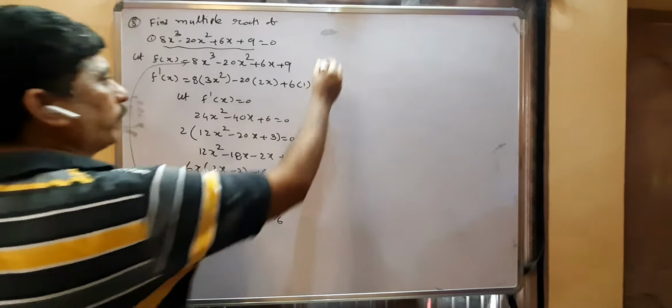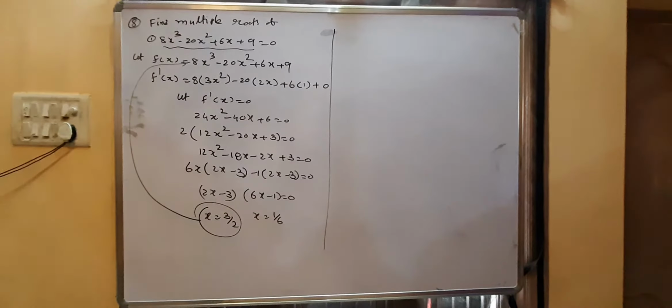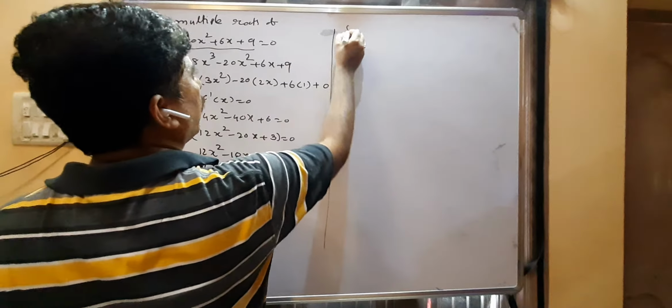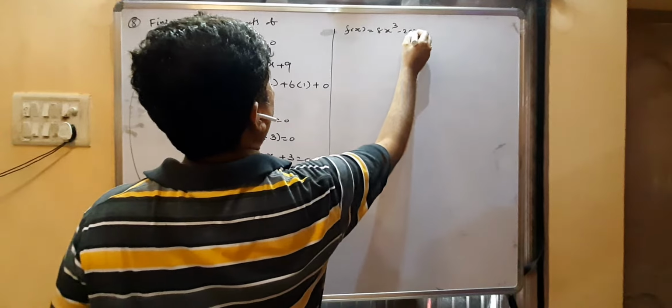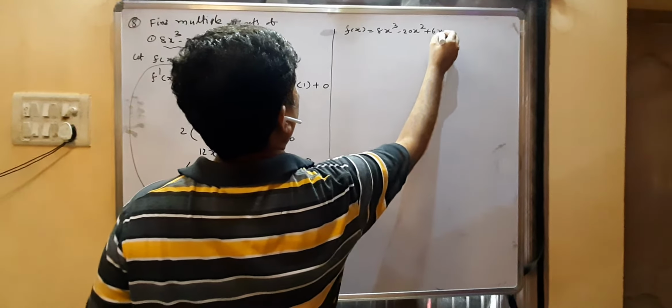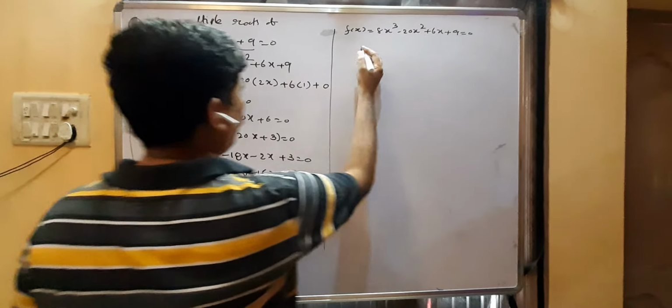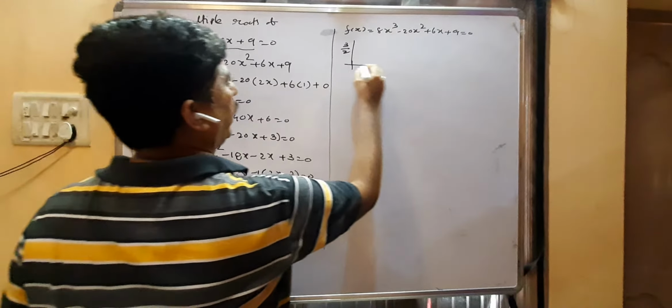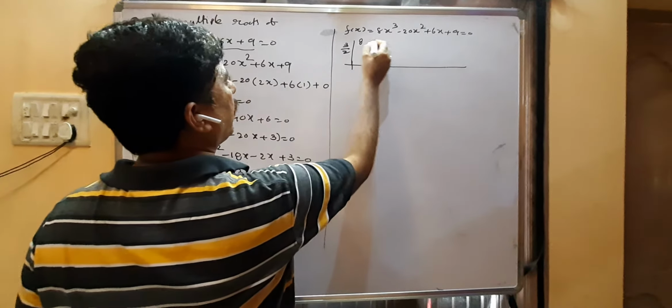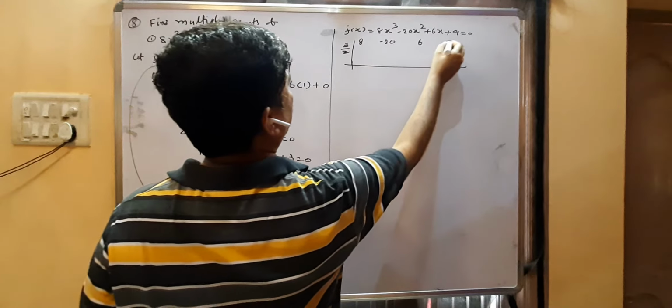Now see this f of x. f of x is what is given: 8x cube minus 20x square plus 6x plus 9 equal to 0. Now 3 by 2: the coefficients are 8, minus 20, 6, 9.